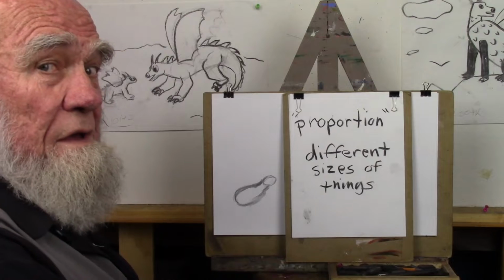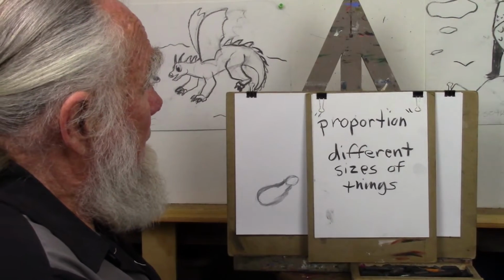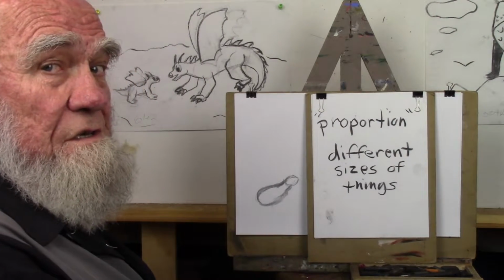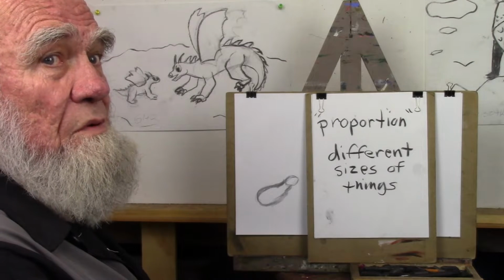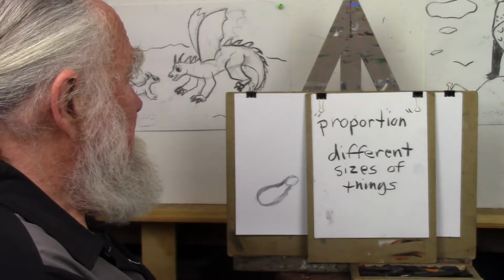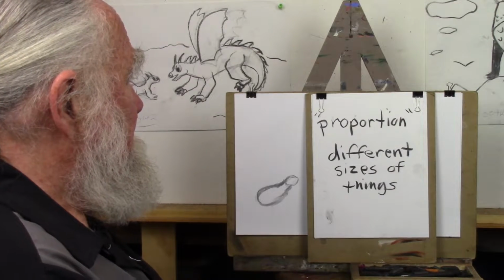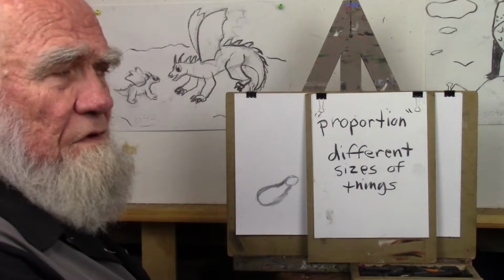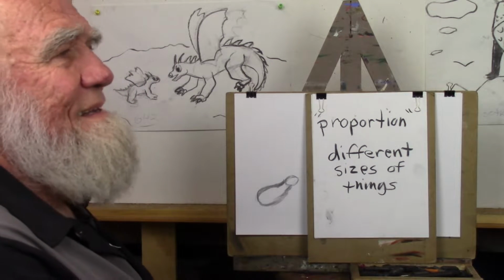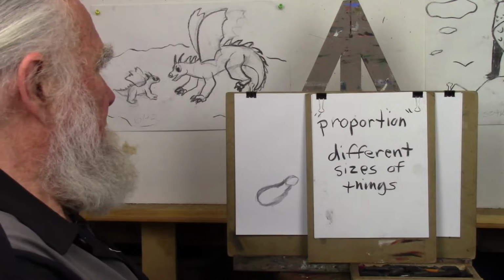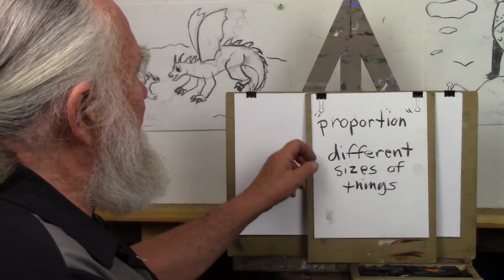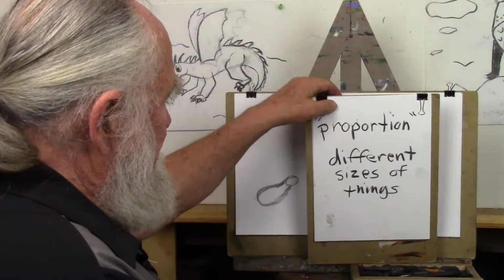When we make a drawing and it's good, and there are different sizes, we say the drawing is in proportion. If it's not good, what do you think we say? It is out of proportion. Well, we want to make a drawing that's in proportion.